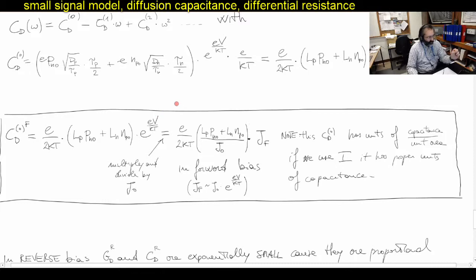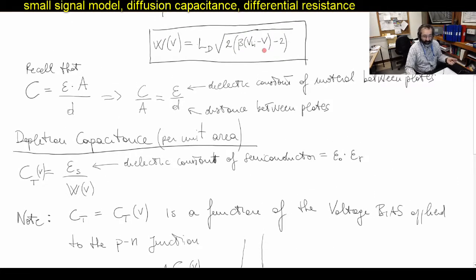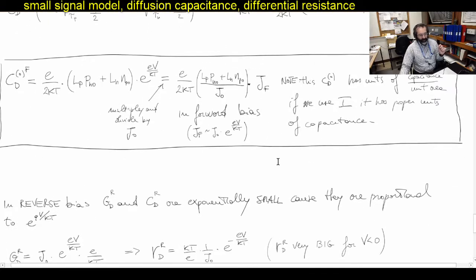If you change the quiescent point we are working at, this will enormously change the diffusion capacitance. And also the depletion capacitance, as we just said, depends on the DC voltage of the quiescent point. Obviously the diffusion capacitance is the one that depends very, very strongly on this voltage.